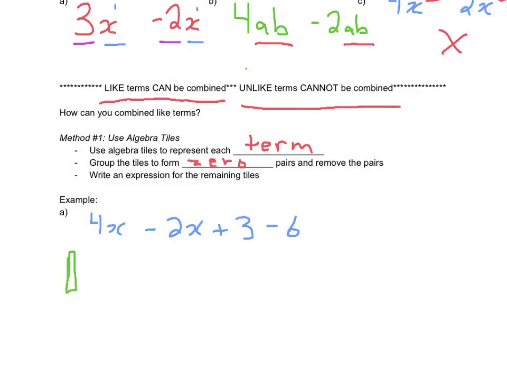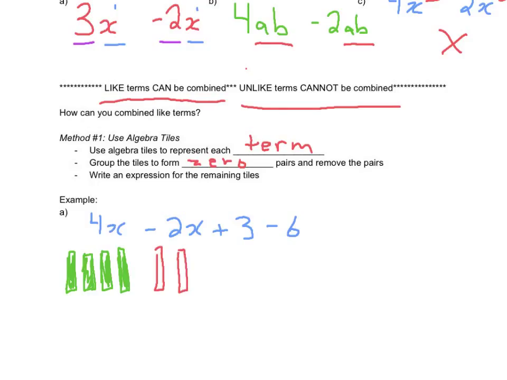So 4x I would draw out, it's positive, so I'm going to color it in. 4x. Then I'm going to draw in negative 2x.